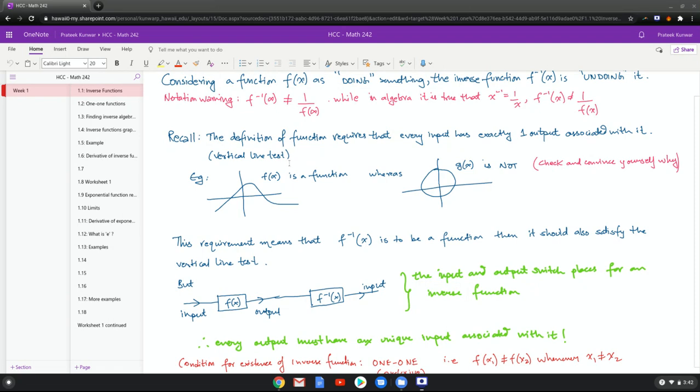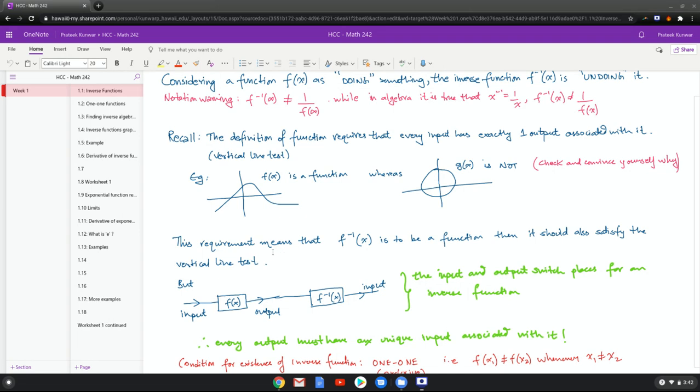If you have a switch in your house, you turn on the switch and the light comes on. The next day you turn it on, it starts raining inside your house. You don't want that. So you want consistent output for every input. That's part of the definition of a function. For example, this graph here is a function, whereas this circle here is not. As an exercise, I'll leave you to convince yourself why.